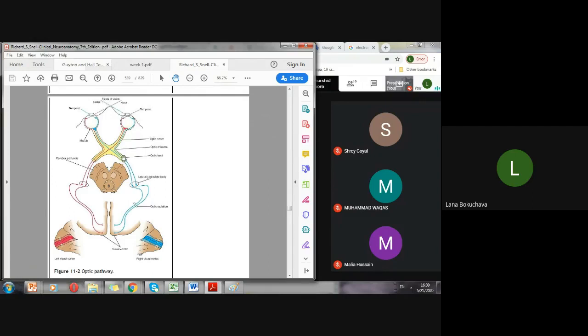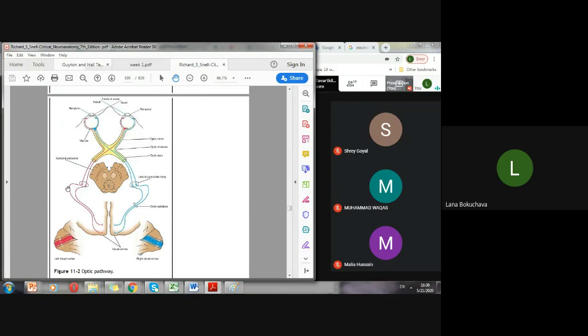So as a result, after the decussation, after the formation of the optic chiasma, we have a bundle of axons which we call the optic tract, as you can see here. Do you remember when we were talking about the diencephalon, and the thalamus?